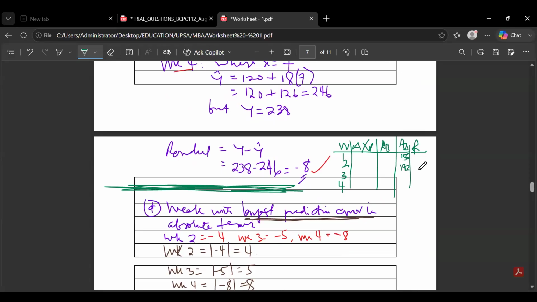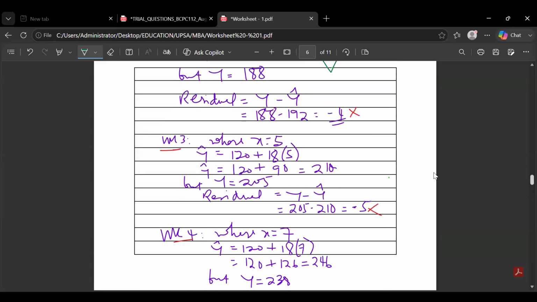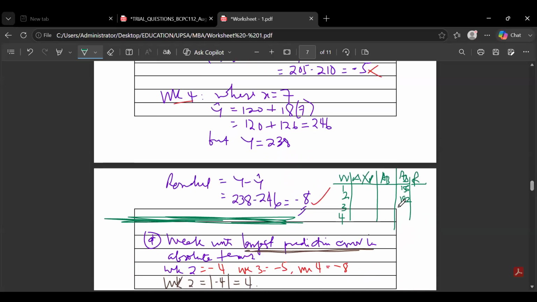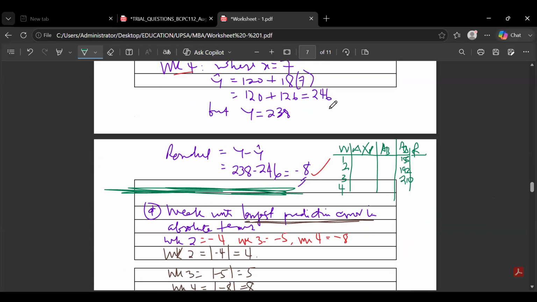Week 3, predicted is 210. Week 4, predicted is 246. Then the advertising expenditure is, I think, 2, 4, 5, and 7.